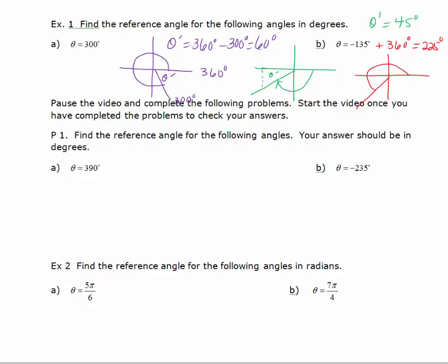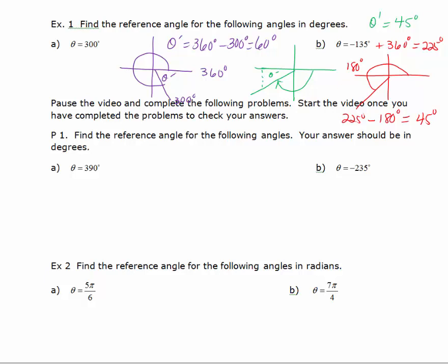You can see that 225 degrees is going to land you in the same spot as negative 135, but you may understand the math a little better. This is 180 degrees, and down here this is 225 degrees. This little angle in here must be 225 minus 180 degrees, which gives you 45 degrees. So the reference angle is that acute angle that you make with the x-axis.